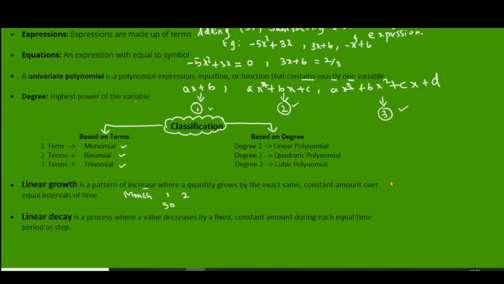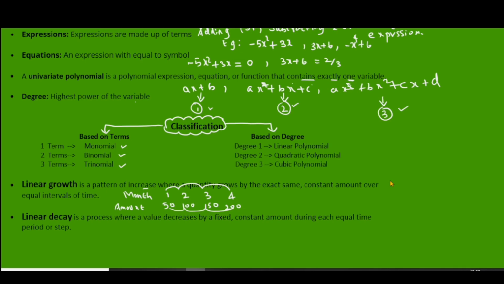The second month again 50 rupees, 50 plus 50, 100. The third month plus 50 more. So this is the amount. If I am saving money like this, the duration increases equally with a constant amount, then this is called linear growth.